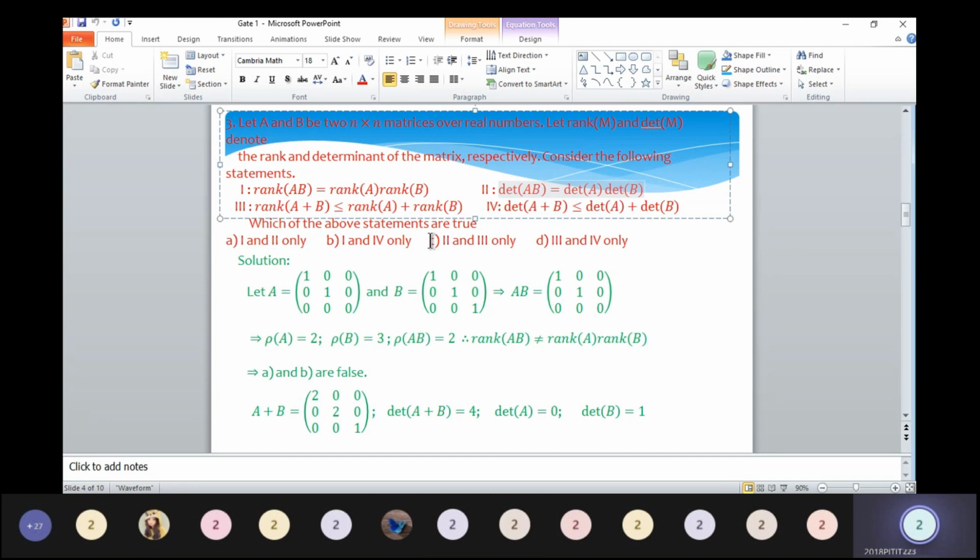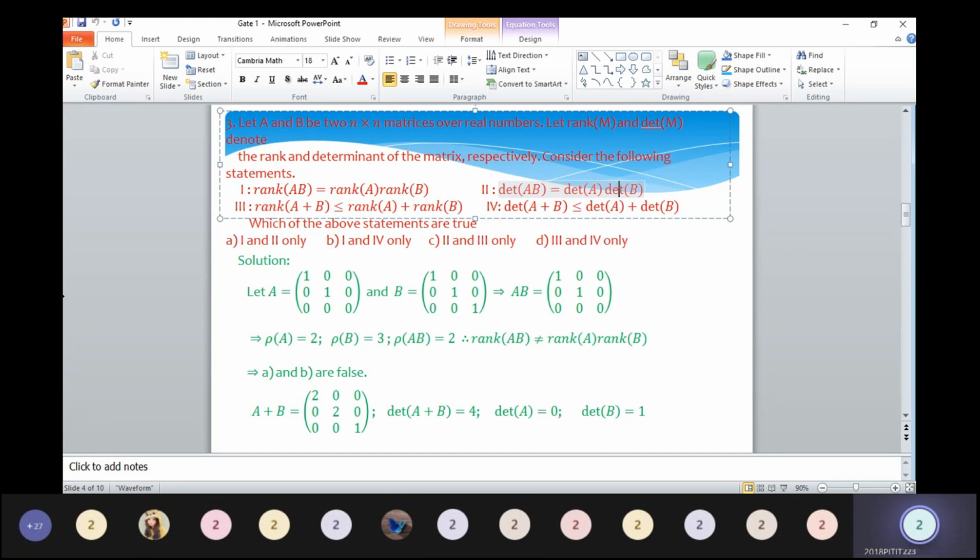Now I am checking. A is statements 1 and 2 only, and C is statements 2 and 3. So I want to check 2 is true. I have to show statement 1 is true and 3 is false, or otherwise 3 is true and 1 is false.